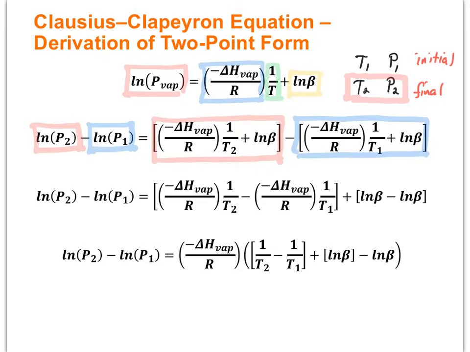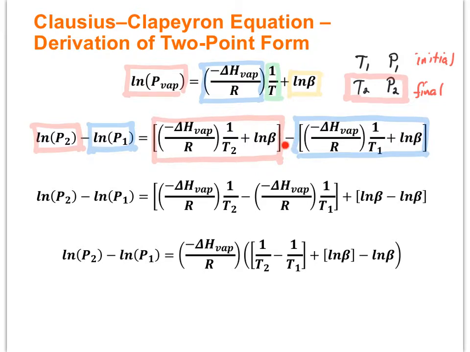Now, as we continue, we're going to keep the left side of our equation the same. We're not going to deal with that yet. But one of the things that we can do in this subtraction is group like terms.